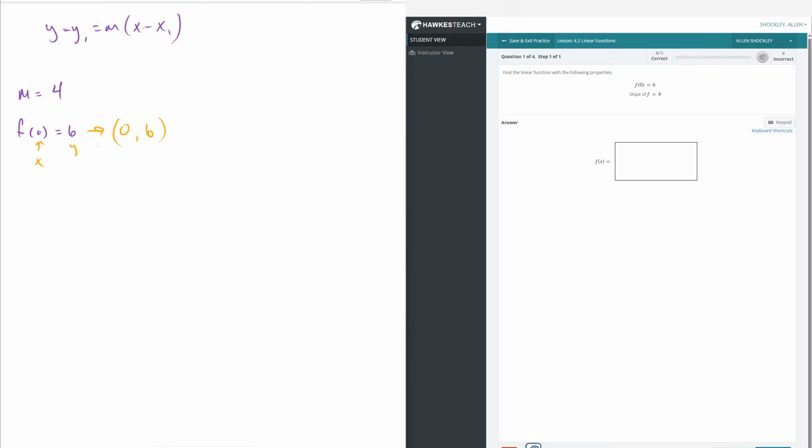Because I know all this, I can plug it directly into that equation, and so I end up with y minus 6 equals 4 parentheses x minus 0.